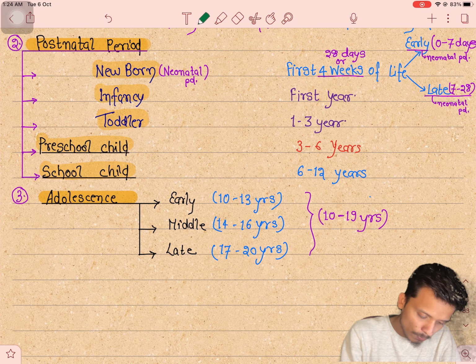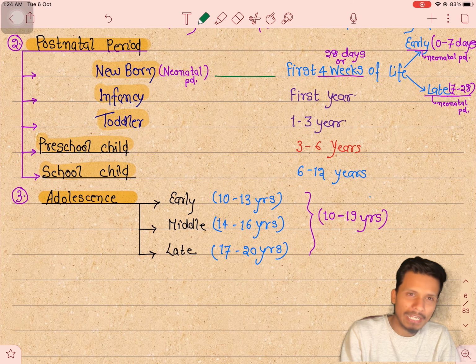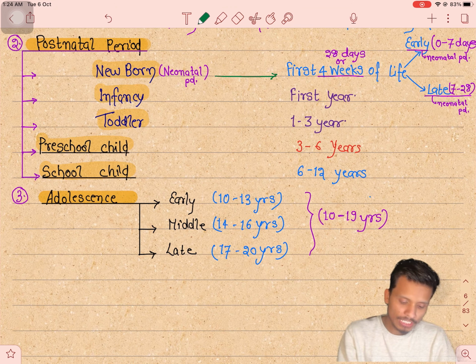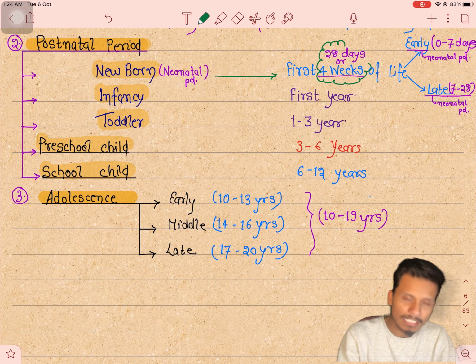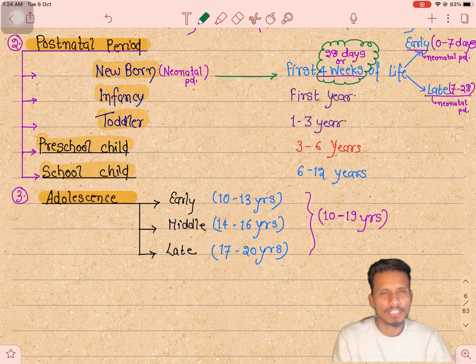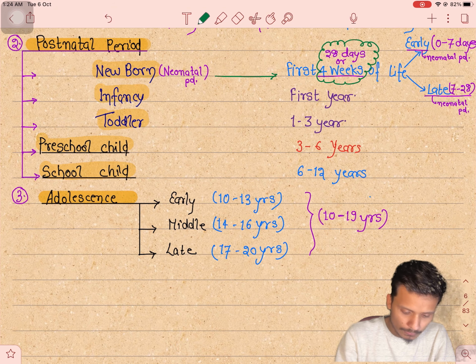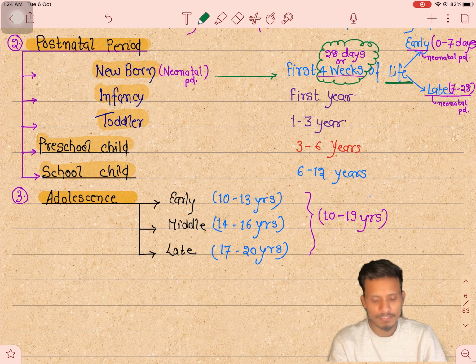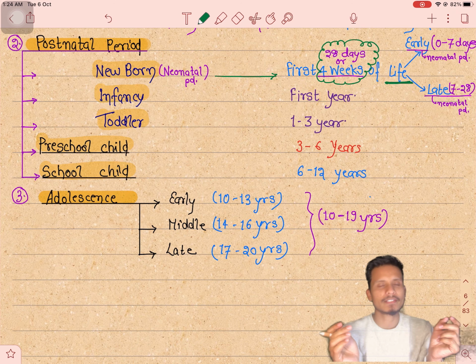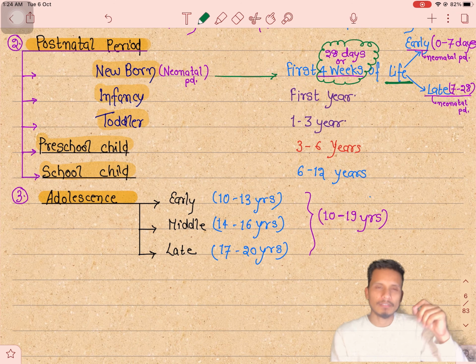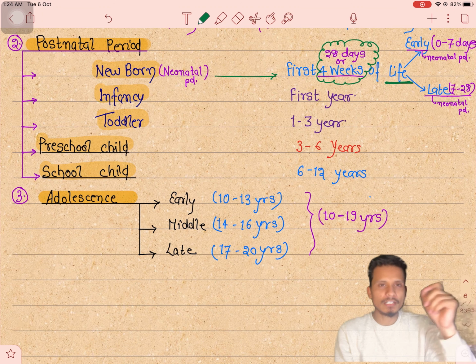See, the newborn child or the neonatal child is the child in the time period from birth to 4 weeks, or 28 days, of the life of that child. The newborn baby is classified into basically 2 parts: the early neonatal condition and the late neonatal condition.